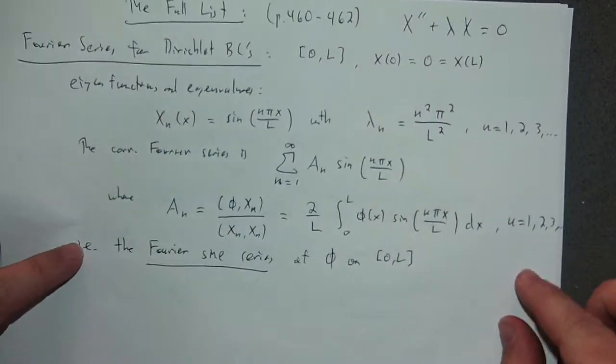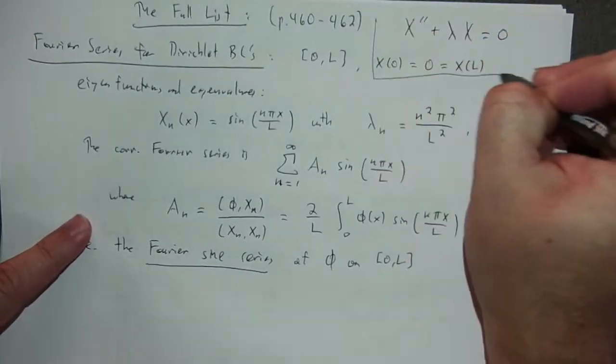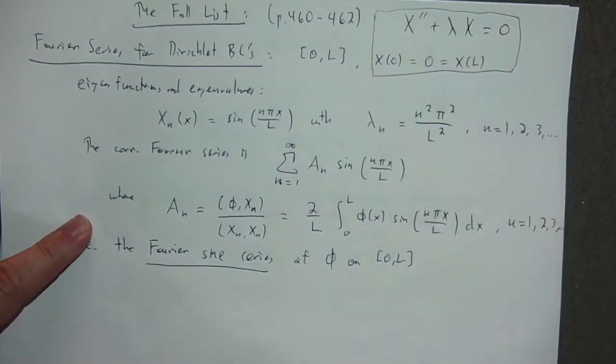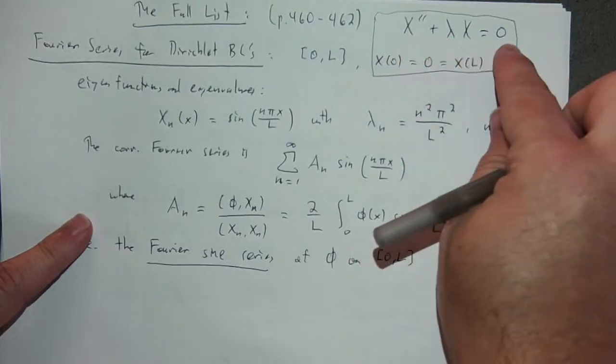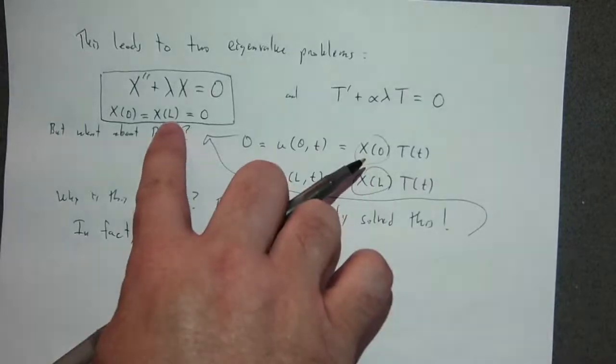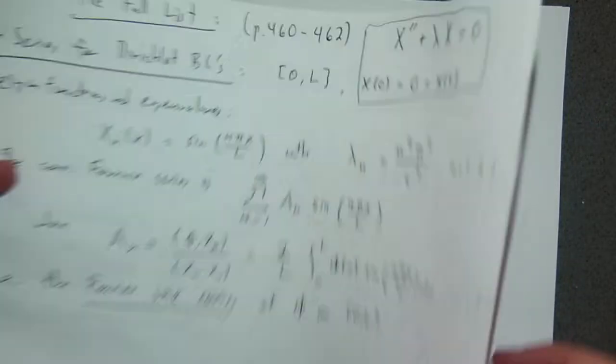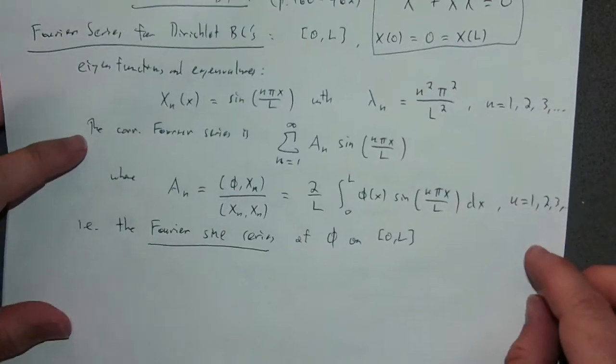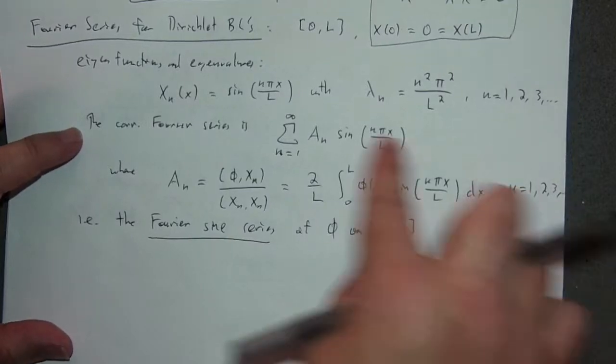Well, what happens when I have the following eigenvalue problem, x double prime plus lambda x equals 0, with homogeneous Dirichlet boundary conditions, which is exactly what I have here. What are the eigenfunctions and eigenvalues they correspond to?